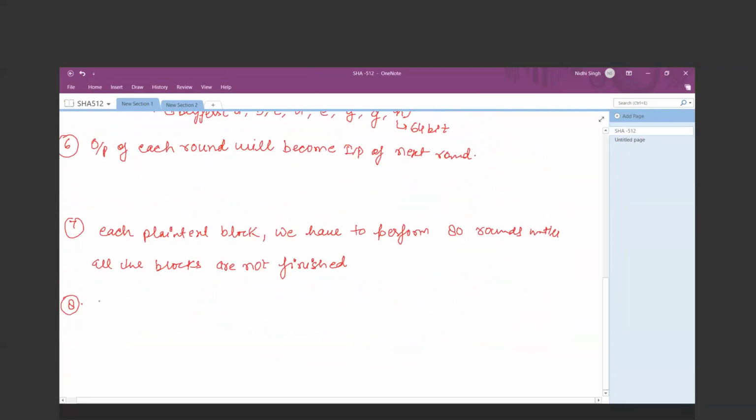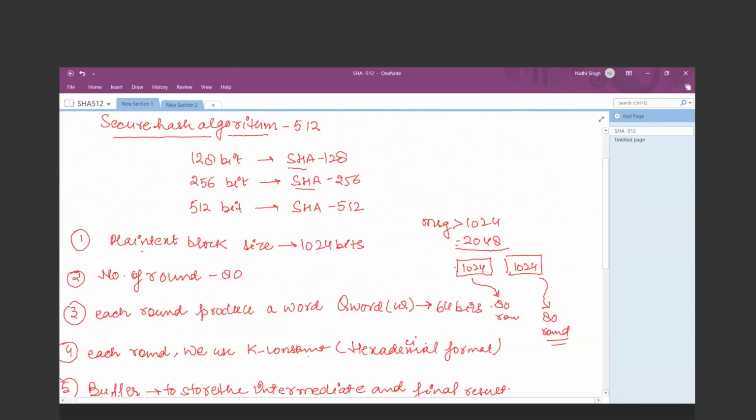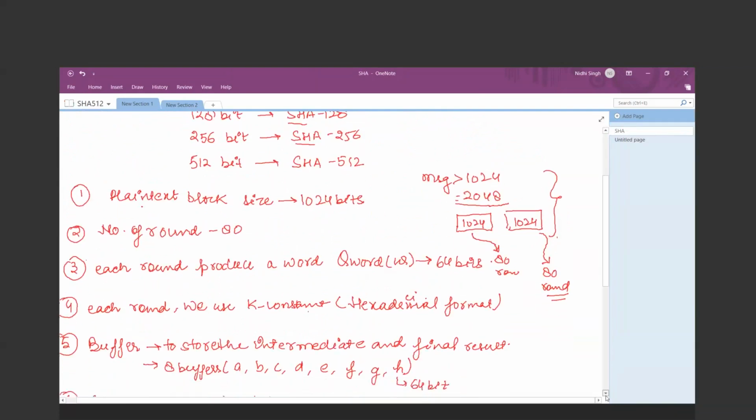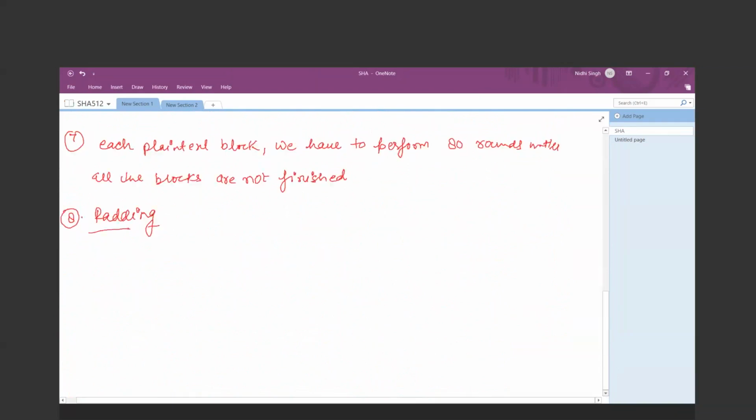Now another step is called padding. Actually the block division of my message is not done that way. It is only for the understanding point of view. What is the actual thing? This division happens due to the task of padding.